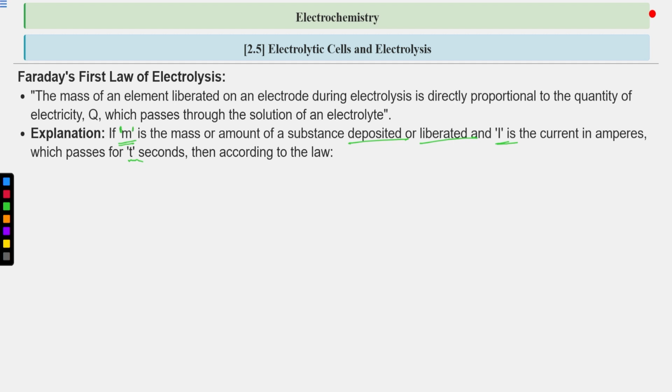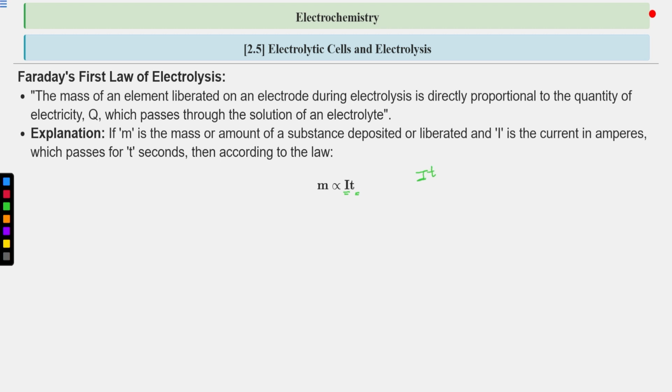According to Faraday's first law of electrolysis, M is directly proportional to I times t, the current times the time in seconds, the time for which the current is passing in the wire or in the circuit.